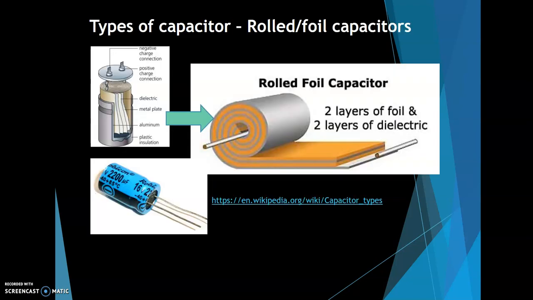Let us now take a closer look at one type, a rolled or foil capacitor. Here it is written as 2200 microfarad, which is the capacitance value of the capacitor. And here it is written as 16 volts, which is the working voltage of the capacitor. These two are very important parameters, depending on which the capacitor device will be chosen for a particular circuit application.